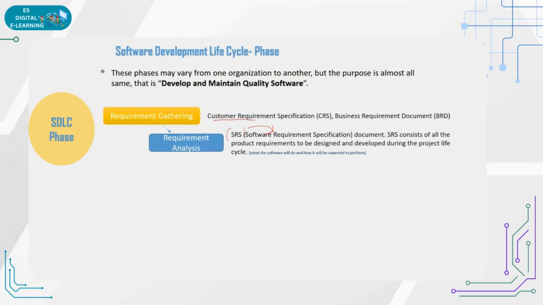This is a very important term. It contains all the product requirements and whatever they need to design and develop for the project. They will analyze that requirement: what the product will do, how it will work, how it needs to work, and what operations it should do.